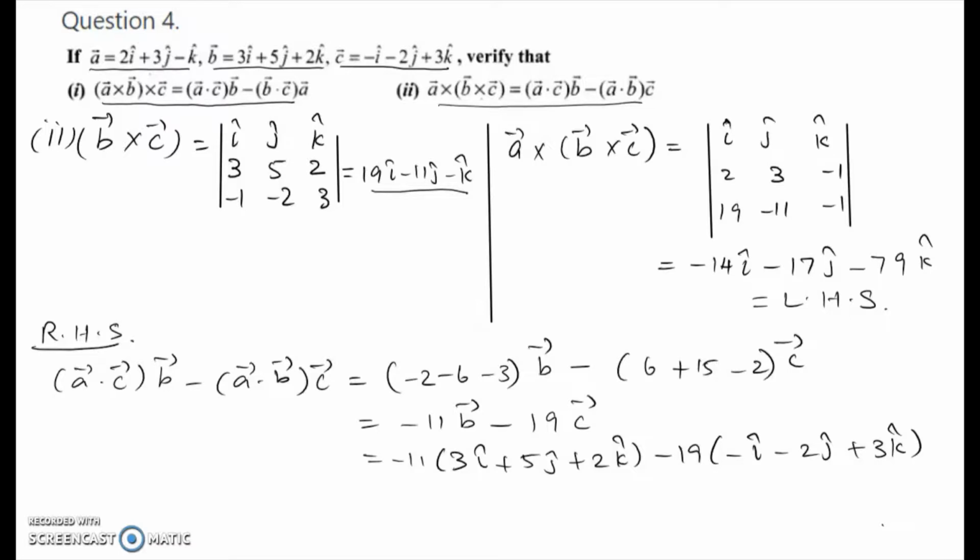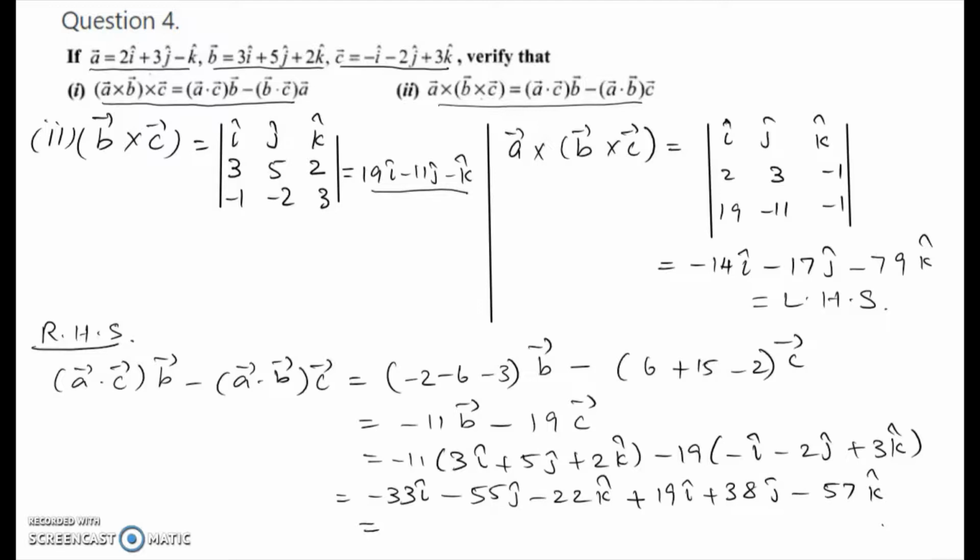So further expanding this, we'll get minus 33 I cap minus 55 j cap minus 22 k cap plus 19 I cap plus 38 j cap minus 57 k cap.